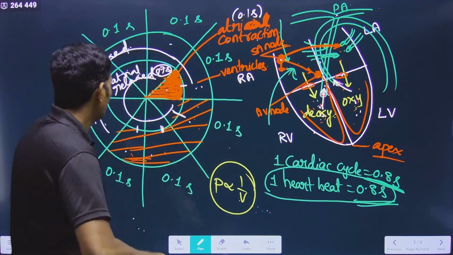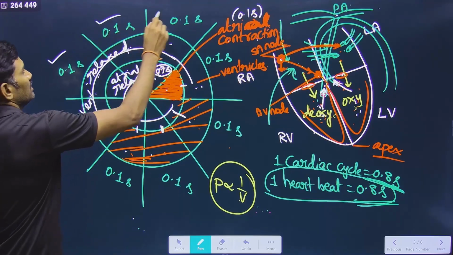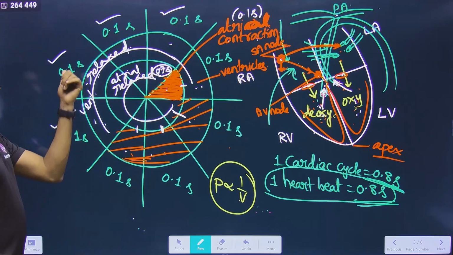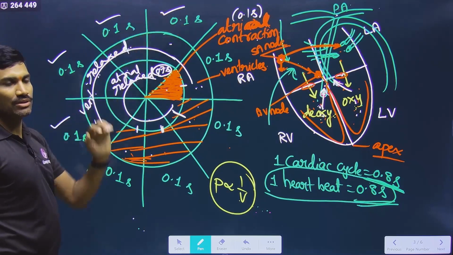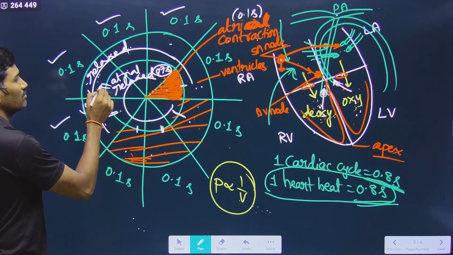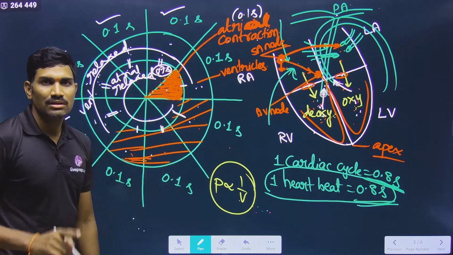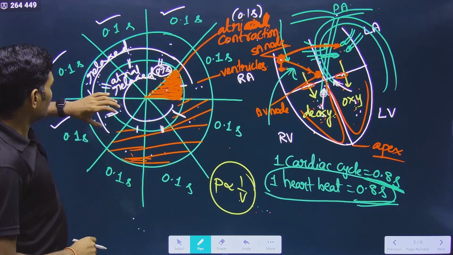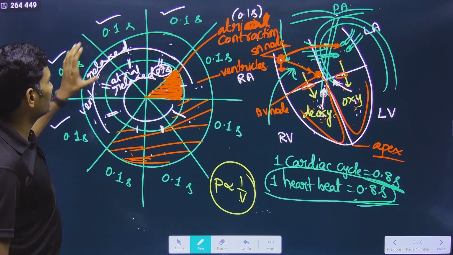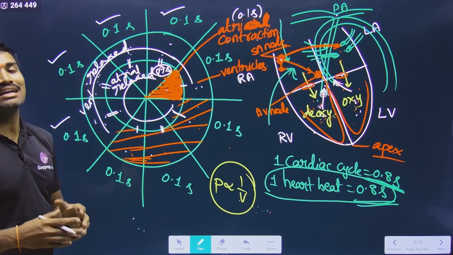But if you are observing this particular part, that means this one and this one, 0.1 plus 0.1 plus 0.1 plus 0.1, what is happening here? Both of them are relaxed. Yes or no? What is the time duration at which both atria and ventricles are relaxed?